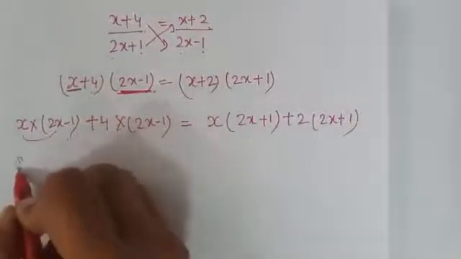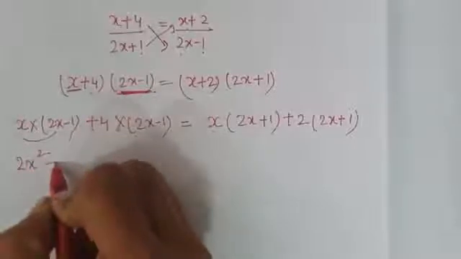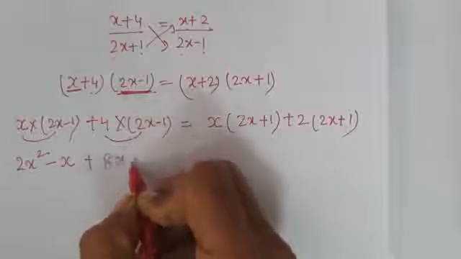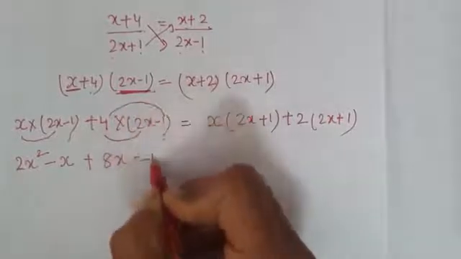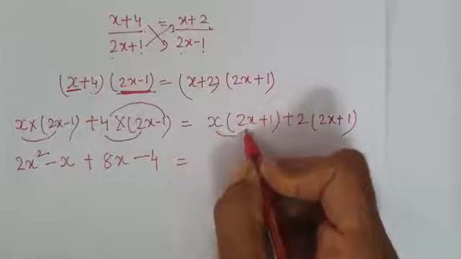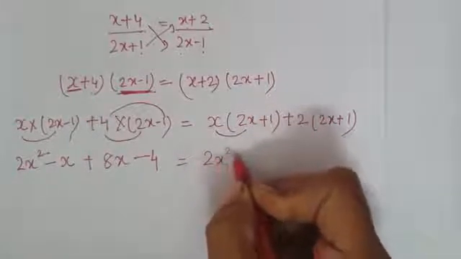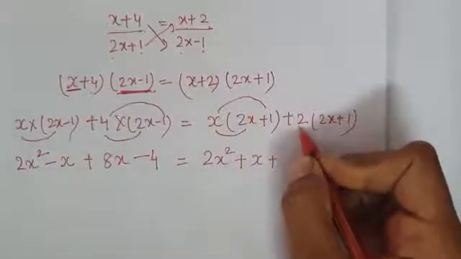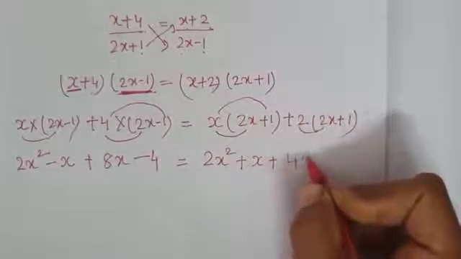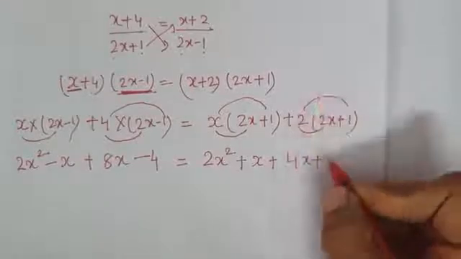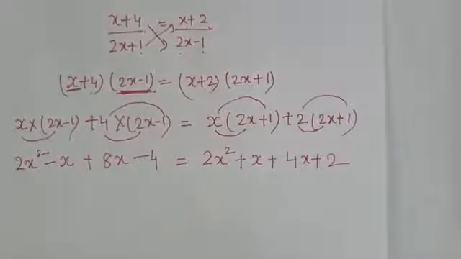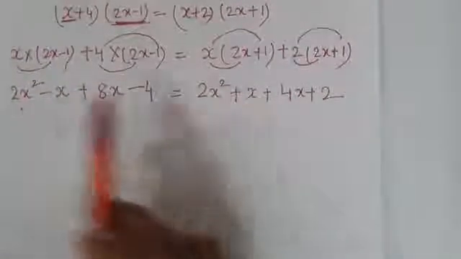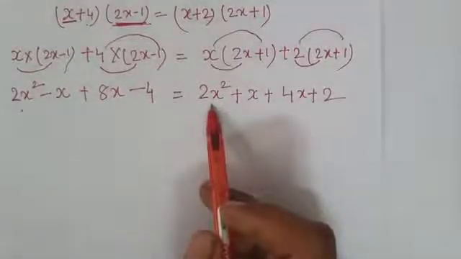Now this forms 2x square minus x plus 8x minus 4. x into 2x, 2x square, x into 1, x, 2 into 2x, 4x, 2 into 1, 2. Clear? Now see carefully, 2x square is here, 2x square is here.